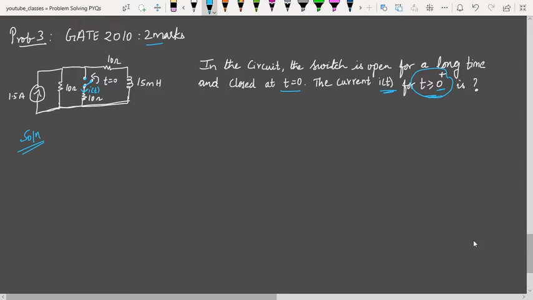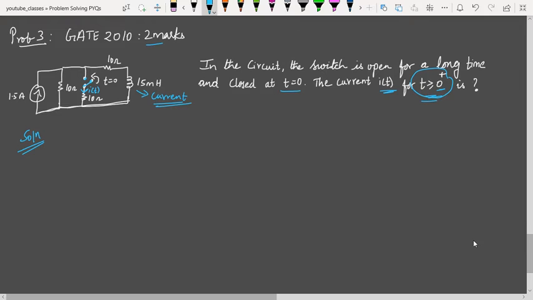Generally, as I have told, for t greater than 0, anything for the inductor or capacitor we will find using the general equation. Because it is an inductor, we will use the current equation.